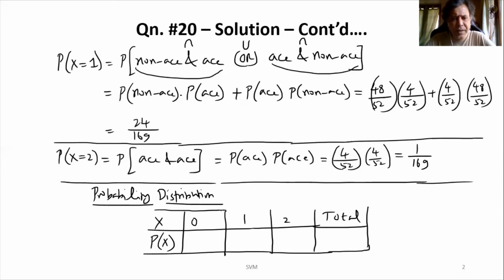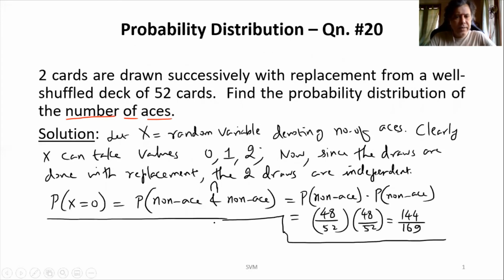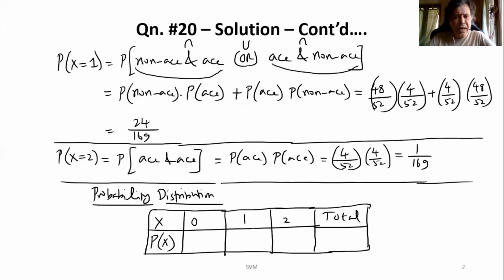This is the way you present a probability distribution in the form of a table. X equal to 0 is 144 by 169, X equal to 1 is 24 by 169, and X equal to 2 is 1 by 169. Now if I add, 24 plus 1 is 25, and 25 plus 144 is 169, so 169 by 169 gives you 1. This way you create a probability distribution for any specific random variable.